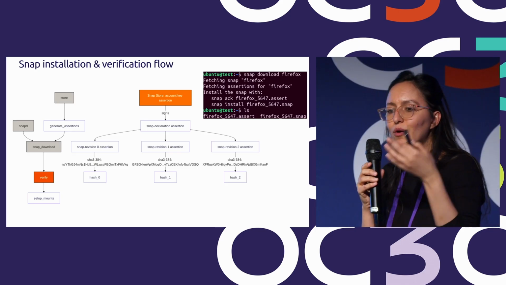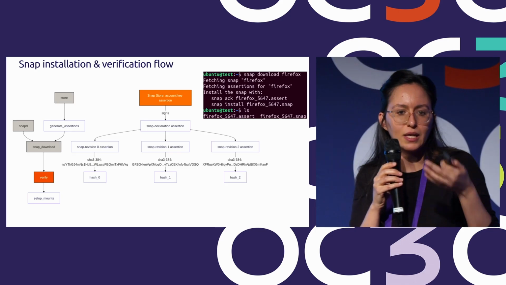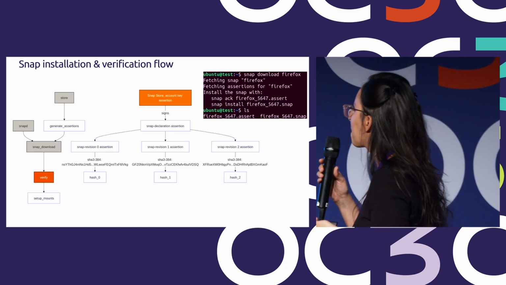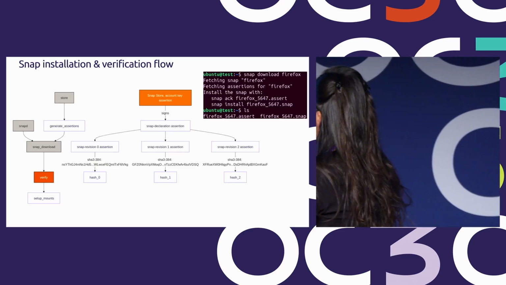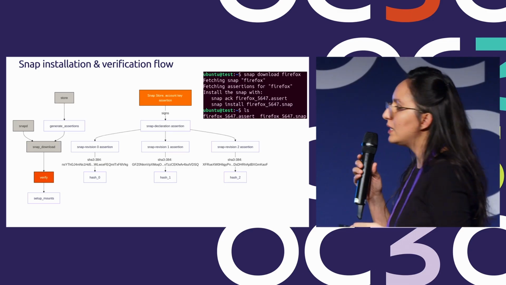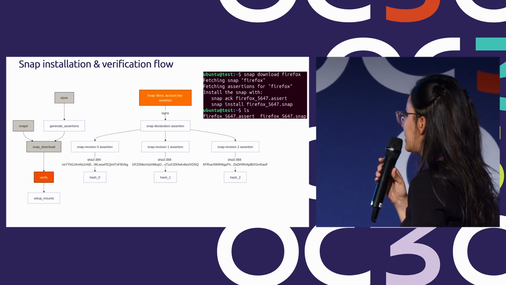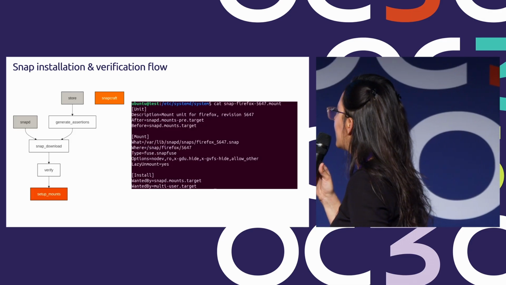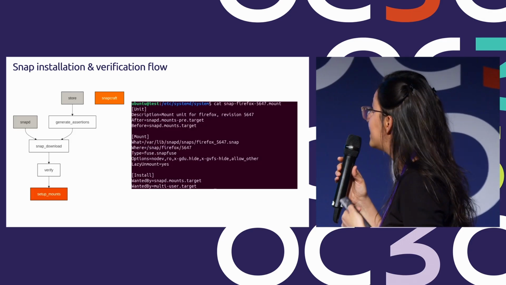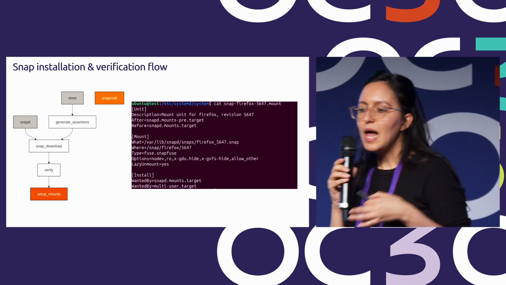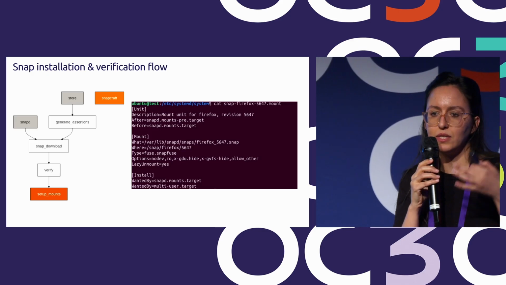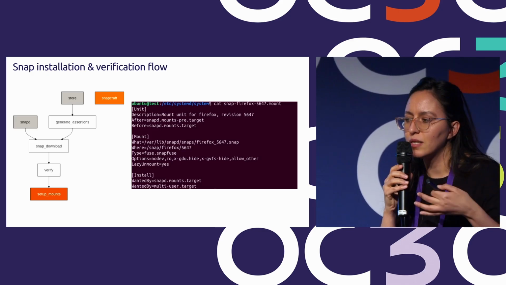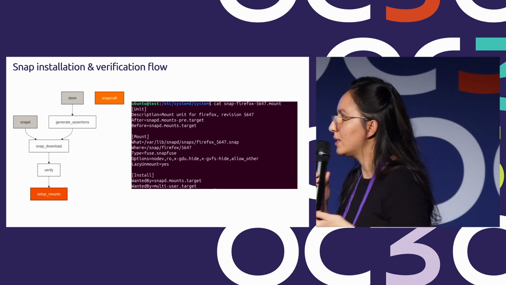And of course, we know that is a good hash because it is signed by a key that we trust. So let's say snapd decides this is actually a good snap. It will install it, and subsequently it will create a systemd mount unit, and every time that the system boots again, it will just auto-mount the snap.